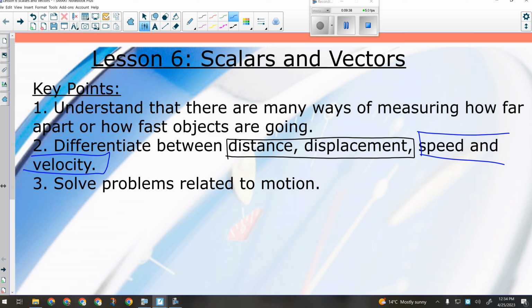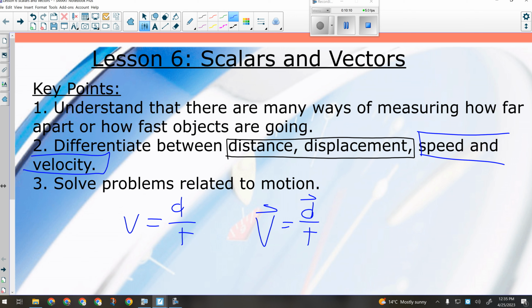All right, and then we're going to solve problems related to motion, and we're going to use some formulas that hopefully you still have, because they're on the back of your periodic table. So now we're going to use the other side of the periodic table. In this unit, we're going to use all those formulas. We're going to use this formula, and that formula.